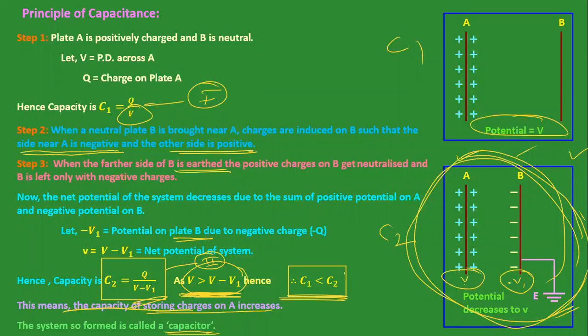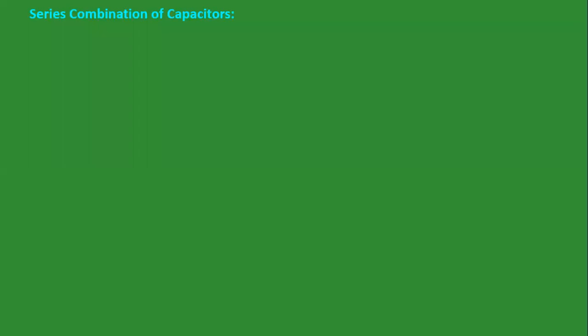Basically, capacitors are classified into three types. Before the series combination, you can remember the types. First one is the parallel plate capacitor.